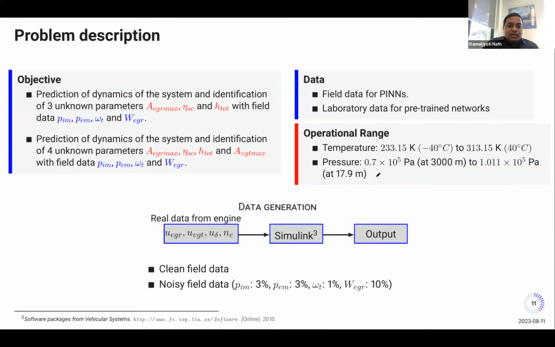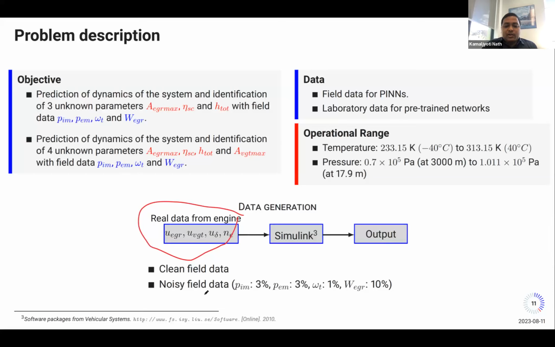So this is the data generation. We have some real data for the inputs, but we don't have the output data. So we just use a simulation model, which is available along with the same paper. They have published this link, Simulink, and we obtain the output. Since the inputs are real data, we assume that there is inherent noise, but for the output there is no noise.